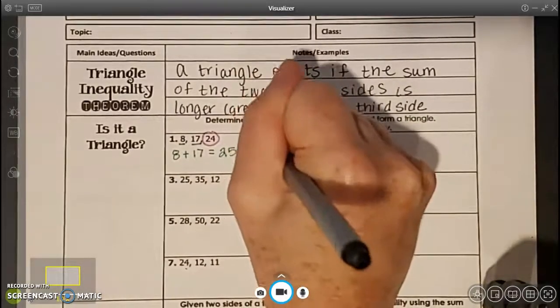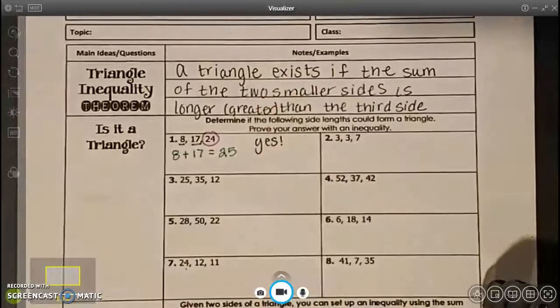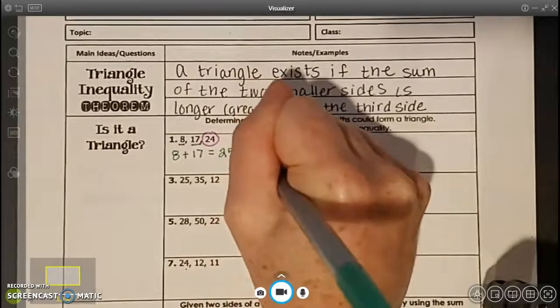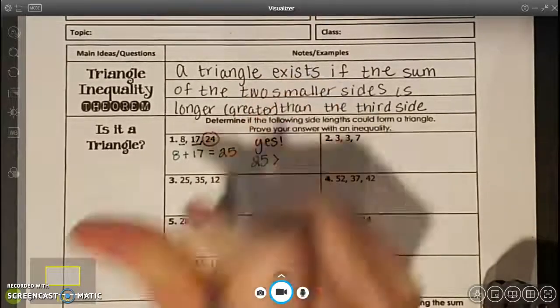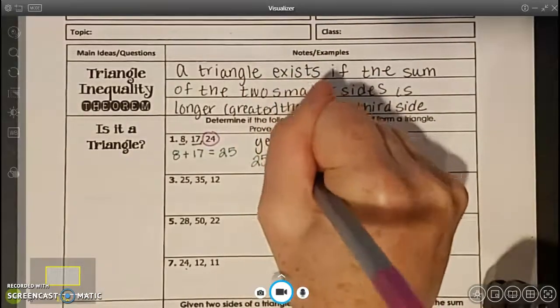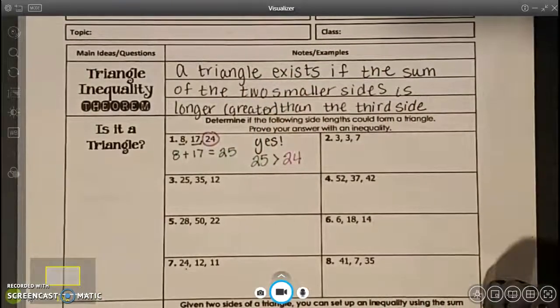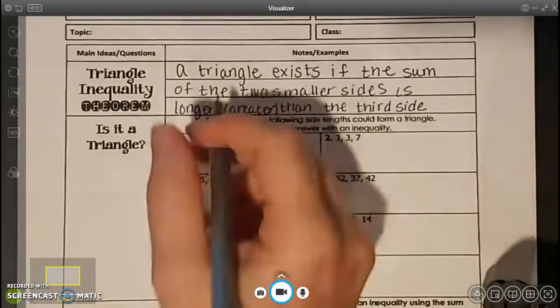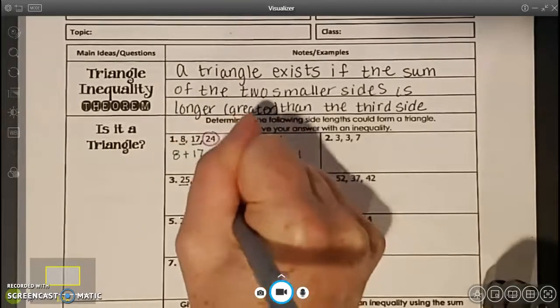This can form a triangle because 25 is greater than 24. Okay, so that one would be yes. So looking at number 2, remember we don't want to take the first two sides, but we want to take the smallest two sides. So in this case, 25 and 12 are the smaller of the three.